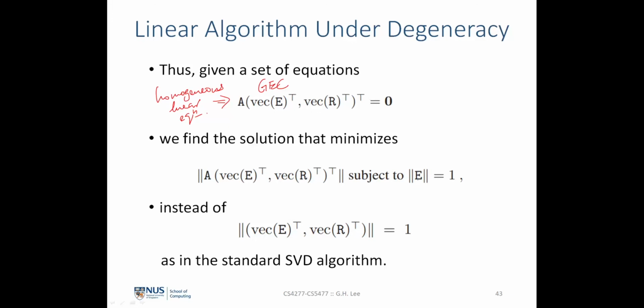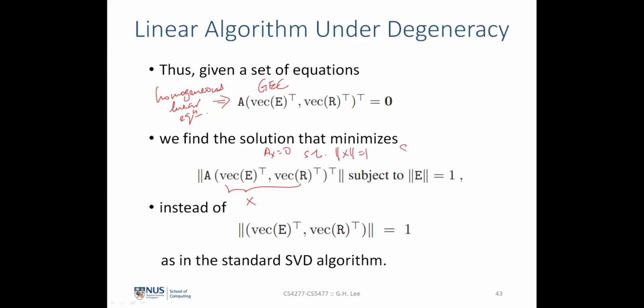Hence, we are ignoring the norm of the whole vector over here, which we have been doing for the generalized linear 17-point algorithm. In that particular case, let's write the vector as x. So we are solving Ax equals 0 subject to the norm of x being equal to 1.